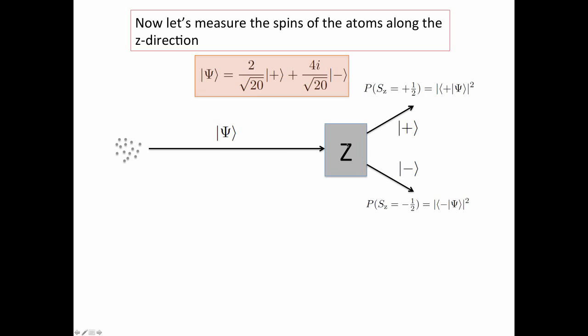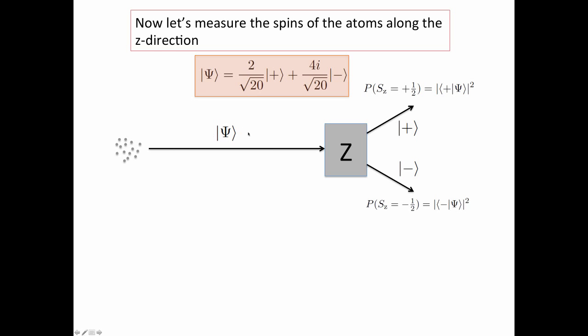So by making this measurement, this wave function psi has been collapsed into either the wave function plus or the wave function minus. So we'll get 2 separate beams represented by these 2 different quantum states.